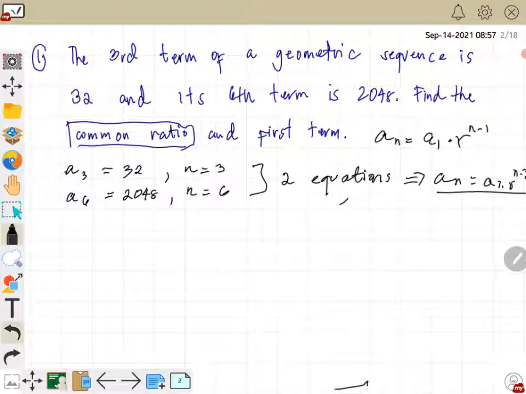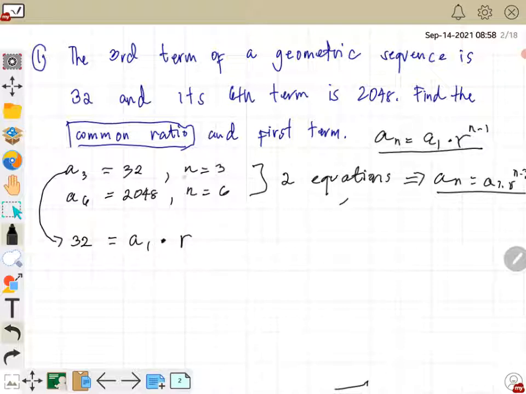So let's try to create an equation with this. With that information and using this general term, our a sub n will become 32. So that is 32 equals, our a sub 1 is unknown, we write it as a sub 1. Our r is also unknown.